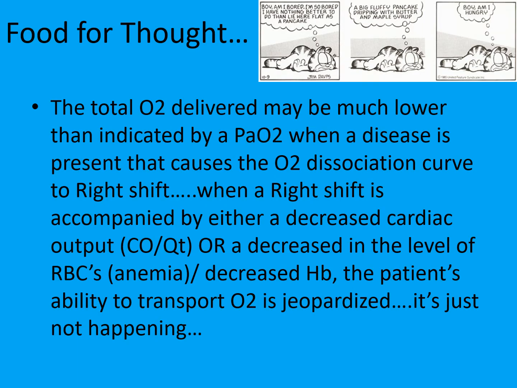Okay, so oxygen delivered might be lower than is indicated by the pressure when you have a disease that causes the curve to shift. And we already talked about this. If you're right shifted or left shifted, your ability to get oxygen into your tissues decreases. So if you have a right shift, whether it's a decreased cardiac output or a decreased level of red blood cells, like a patient's anemic, or the patient's ability to carry oxygen is very diminished, right?